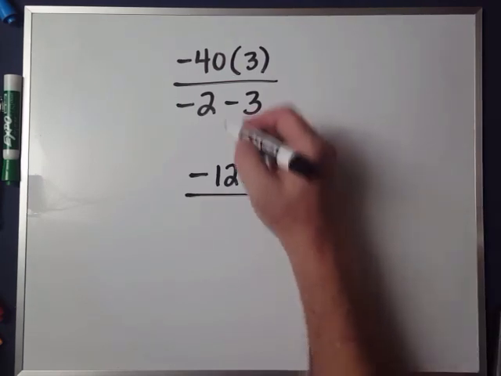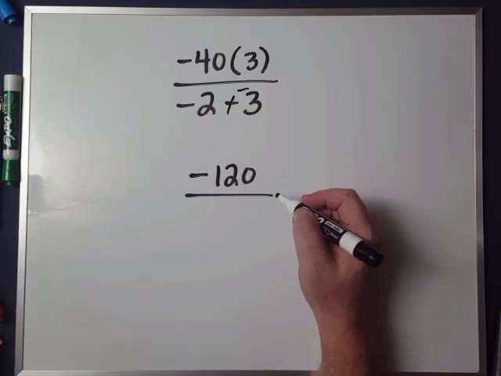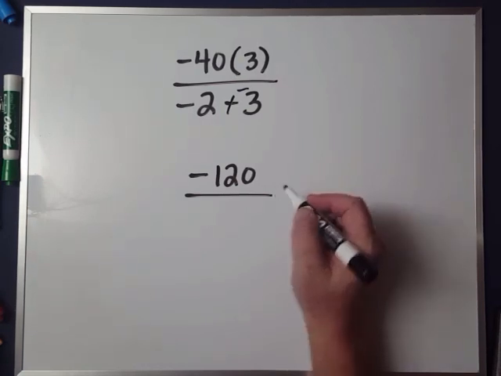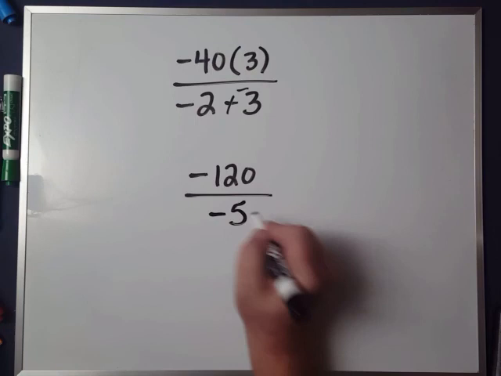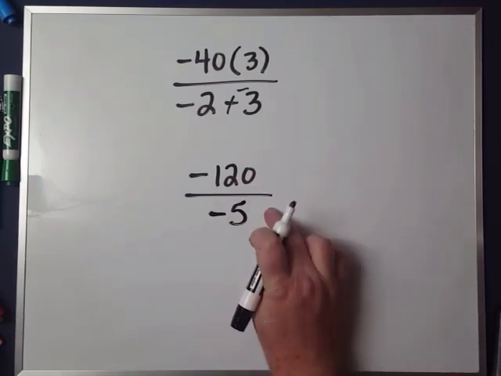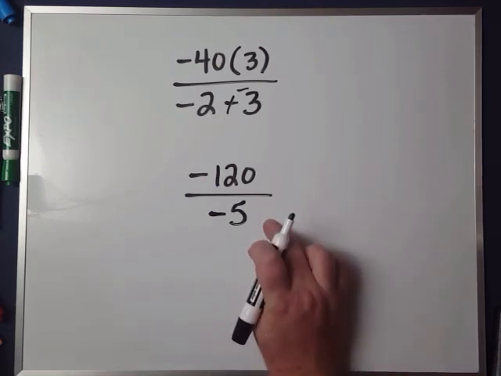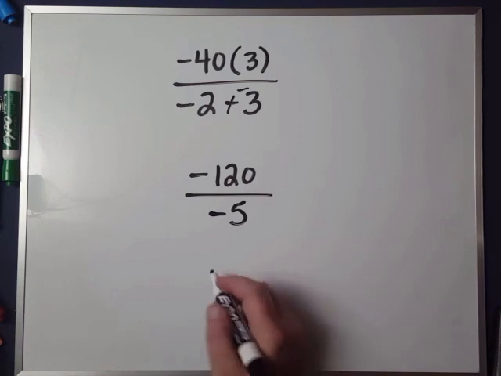You might do that in your head, or you might go ahead and make 2 marks. Change that to an addition problem. Negative 2 plus a negative 3. Either way, you get negative 5. And now dividing. A negative divided by a negative is positive. 120 divided by 5, 24.